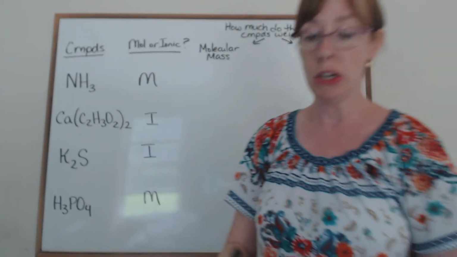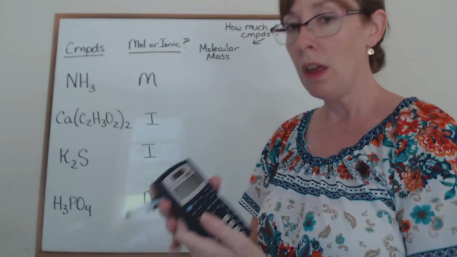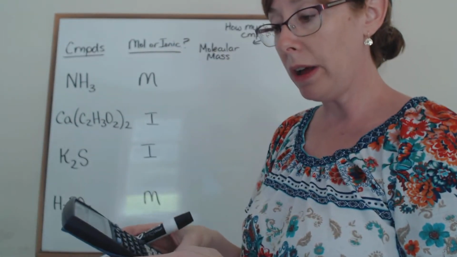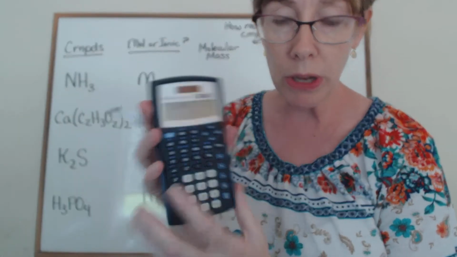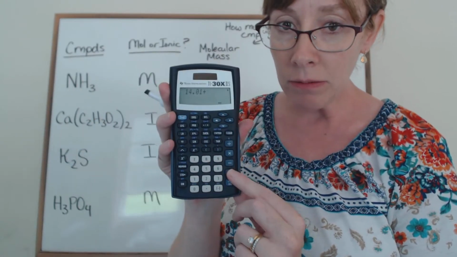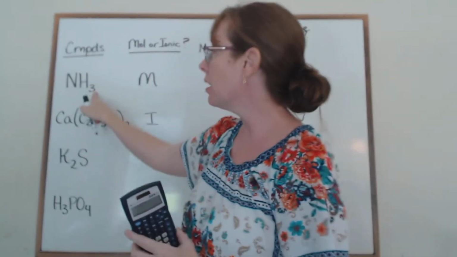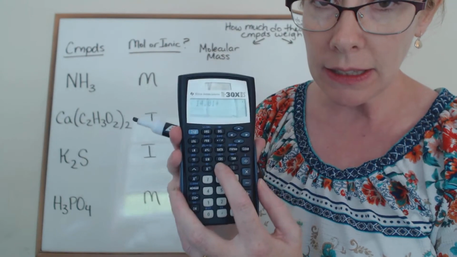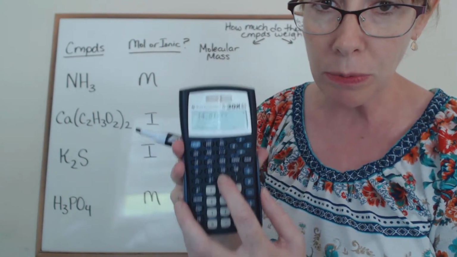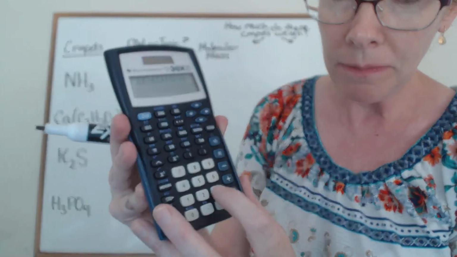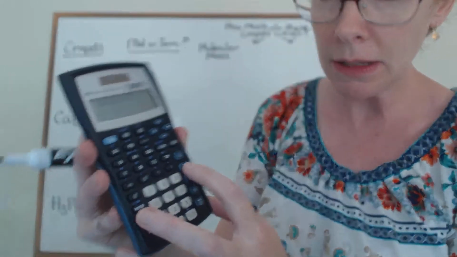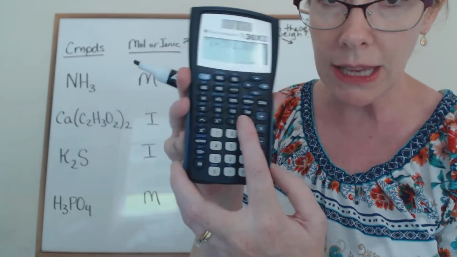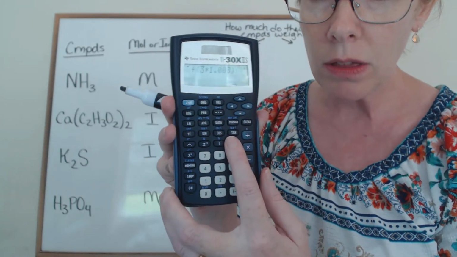So when you go to your calculator and you take nitrogen, which is 14.01, how I would enter this is 14.01, plus, however much 3 hydrogens weigh. So I would use a parentheses. This is the best and fastest way to do this. Put a parentheses in there, 3 times, because there's 3 of them, 1.008. And you're using the same periodic table that I'm using here, the one from your book.